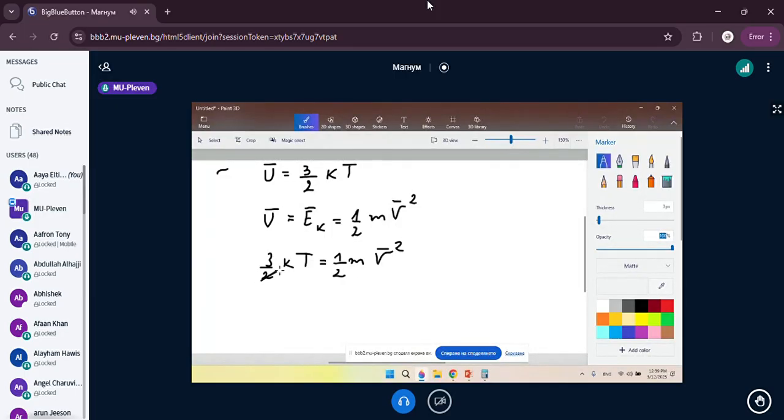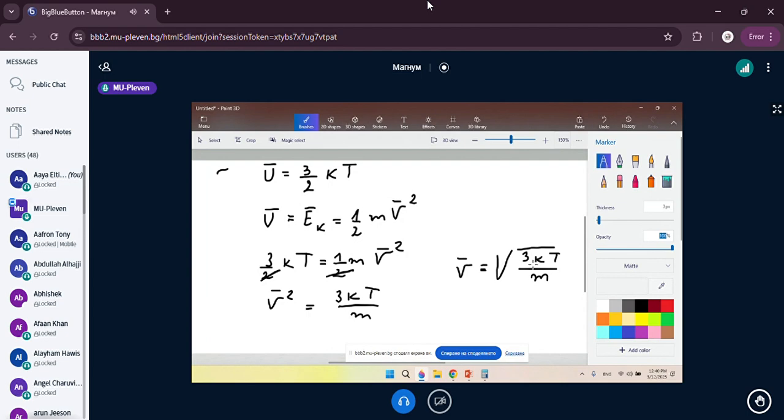We can cancel those numbers, and then we can write v squared is 3kT divided by the mass, and the velocity is the square root of that ratio, 3kT divided by the mass.